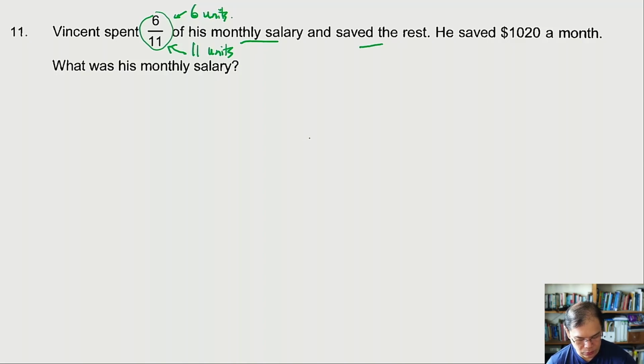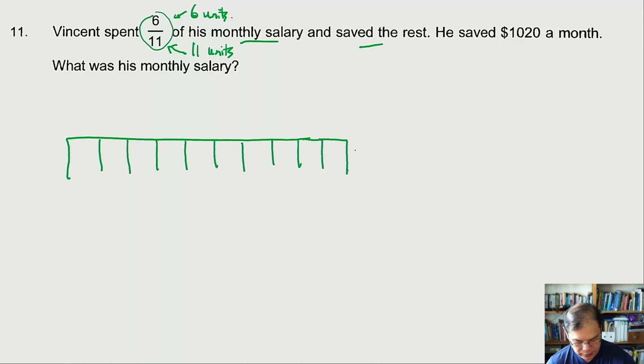So if I were to draw a model, 1, 2, 3, 4, 5, 6, 7, 8, 9, 10, 11. This would represent the total salary, 11 units. Right? Vincent spent 6 out of the 11 units. 1, 2, 3, 4, 5, 6 on the salary.